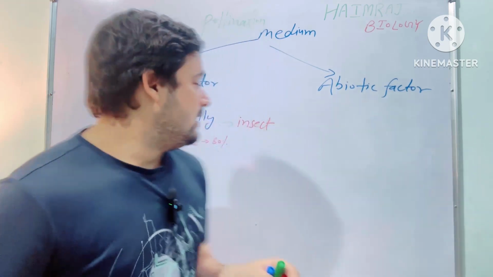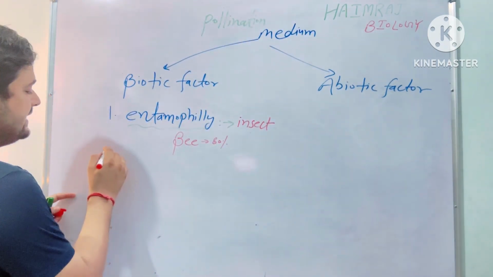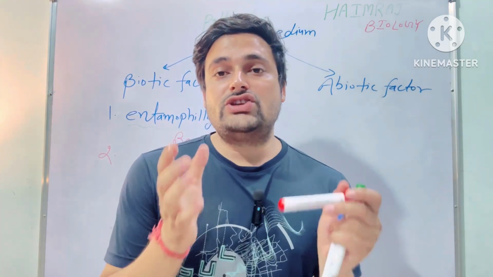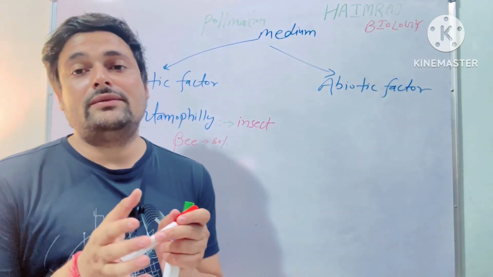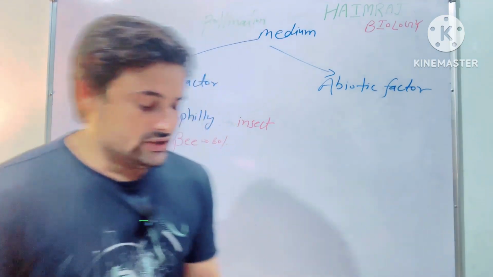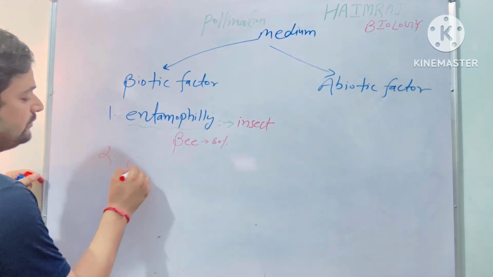Bees are helping with 80% of this whole pollinator group. Okay, now the second part of biotic factor is chiropterophily. Chiropterophily is the procedure where bats can be the medium of transferring pollen grain.